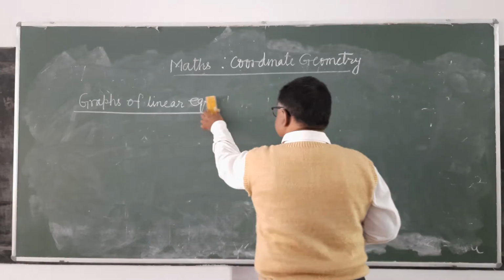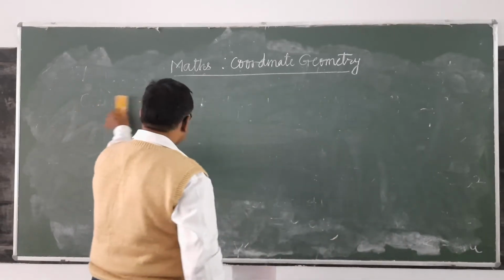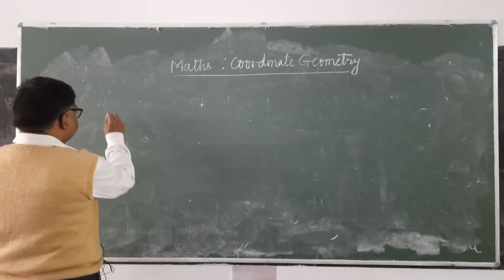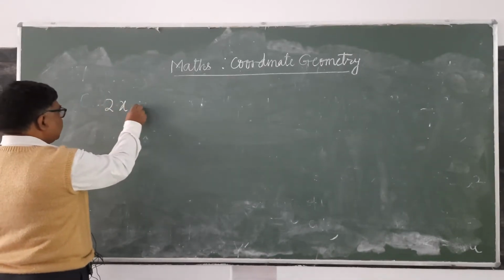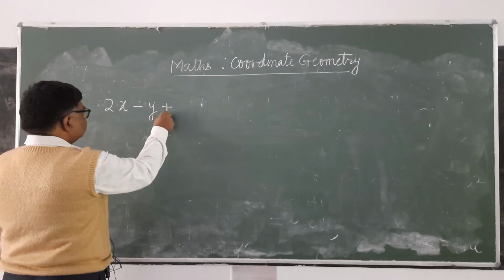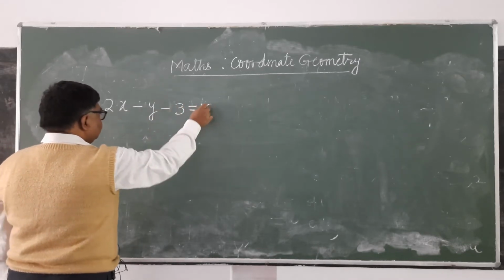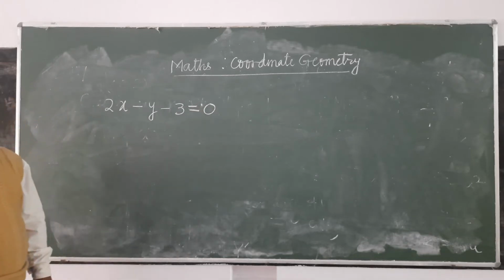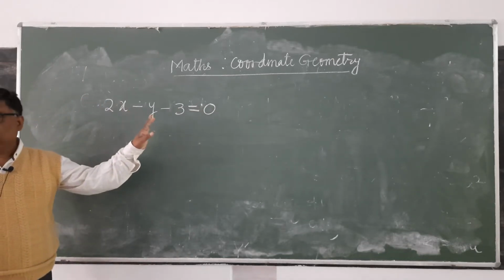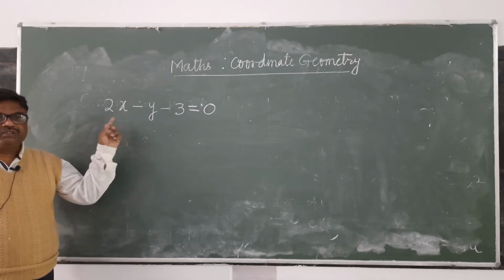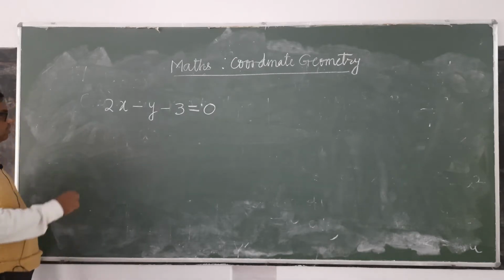Suppose I have taken one linear equation: 2x minus y minus 3 equals 0. This is a linear equation in two variables. We have to plot its graph. So first we will write it in this form.